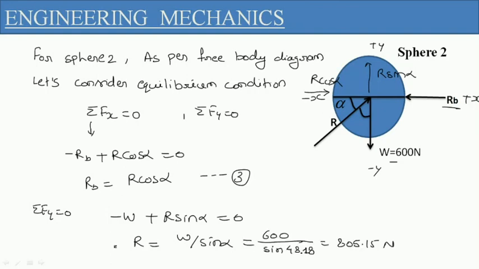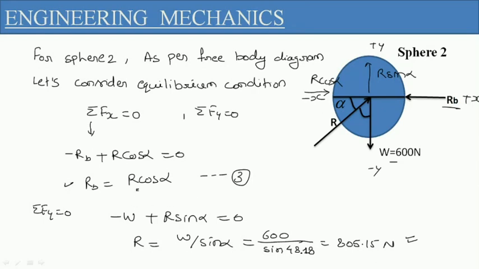If we solve this equation, R will be 600, the W value, divided by sine 48.18, so it will be 805.15 Newton. So we have our first value, 805.15 Newton. Now with the help of this value of R, we can define the value of RB.